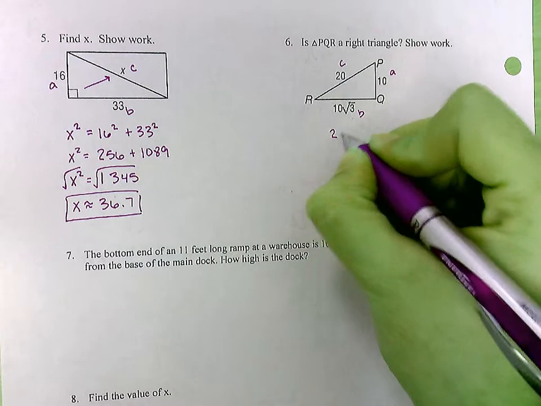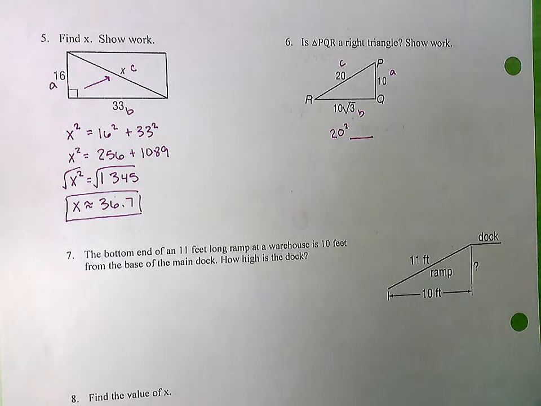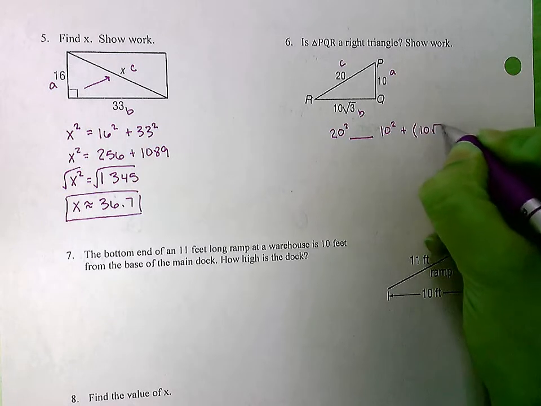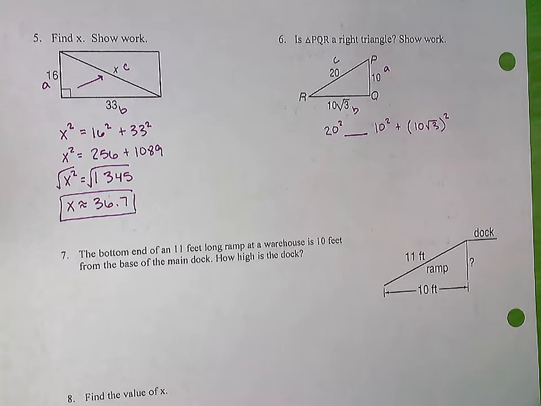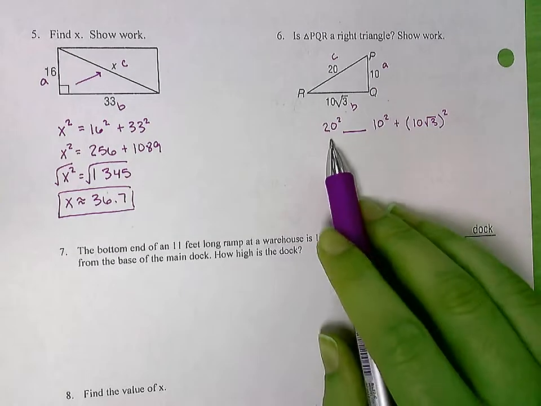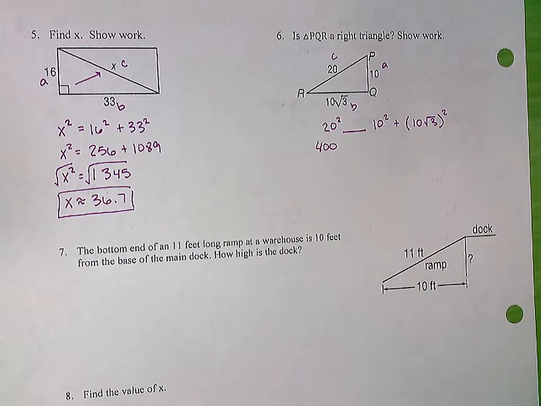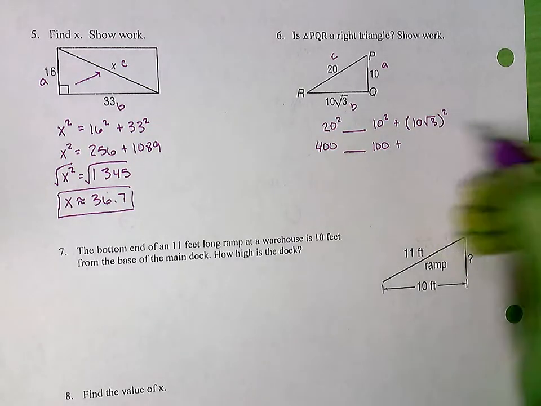So we'll take 20 squared and compare it to 10 squared plus 10 square root of 3 squared. Okay? Because we want to see if it's actually a right triangle. So now I can take 20 squared. That's 400. Compared to 10 squared is 100. Plus, again, distribute that square to both terms.